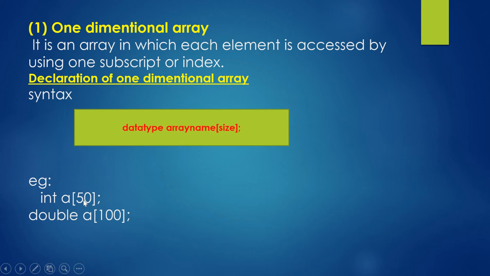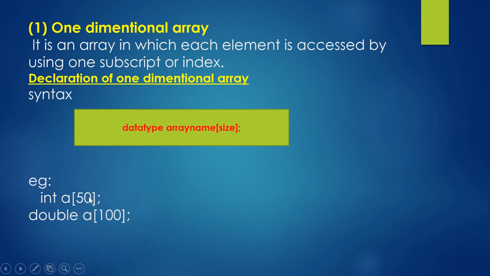In the first example, the size of the array is 50. Size of the array is 50 does not imply that we need to store 50 elements every time. It means the maximum number of elements is 50. That is, we can store 5 elements or 10 elements or 20 elements like that.